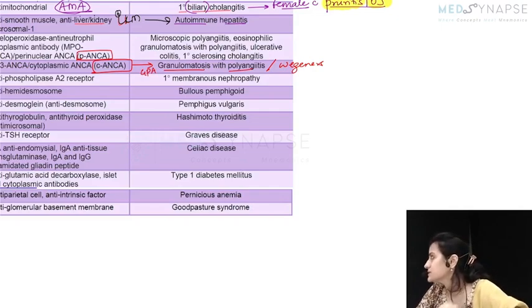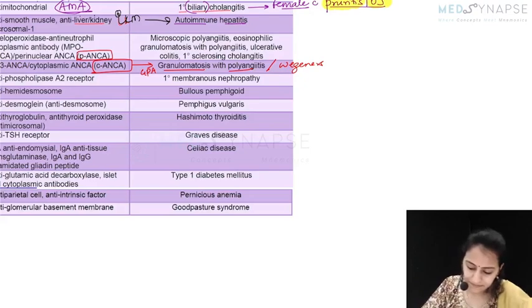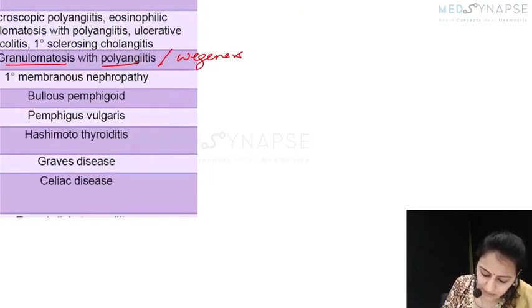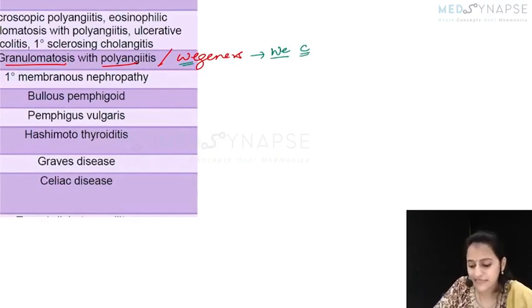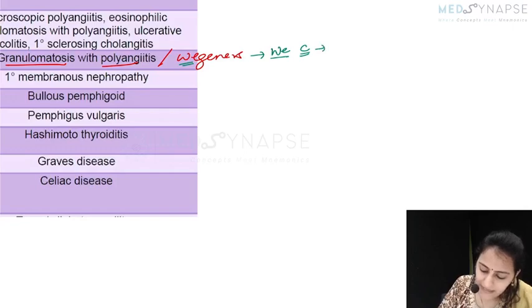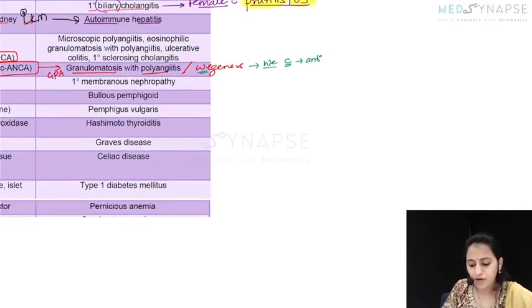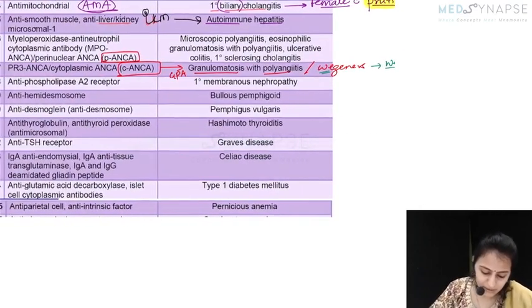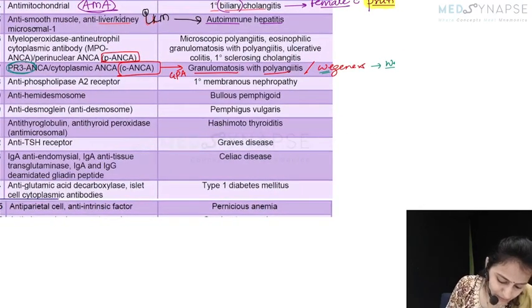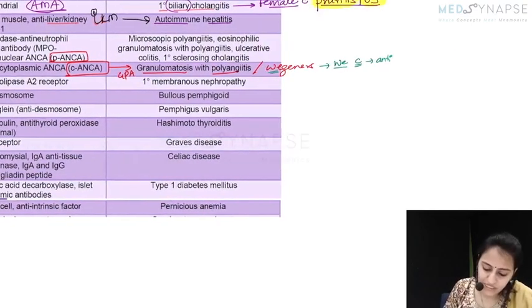Remember that Wegener's is C-ANCA. So remember, Wegener's, WC. And the C-ANCA is anti-proteinase 3, PR3.